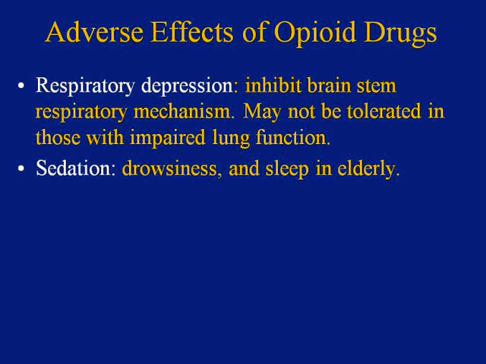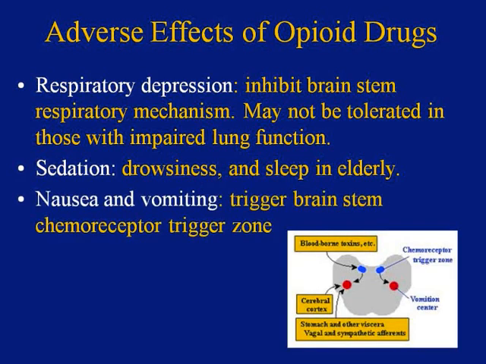Nausea and vomiting is yet another side effect of people taking opiate drugs, and this can be very severe. It is a central effect where the opiate receptors trigger the part of the brain that controls vomiting. But again, this side effect can go away when tolerance is developed to the drug by the patient.